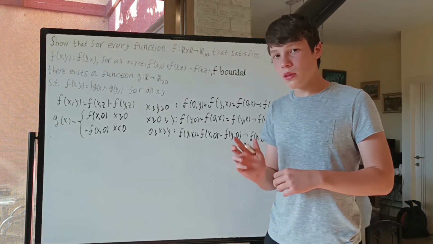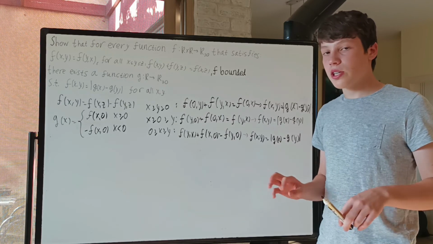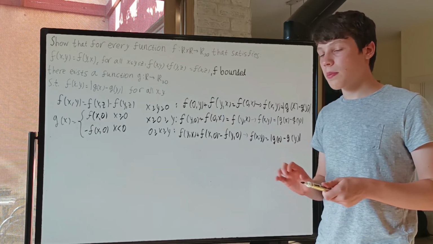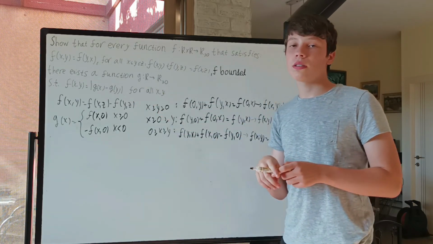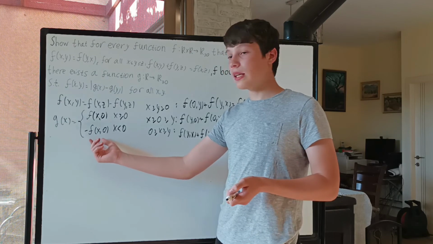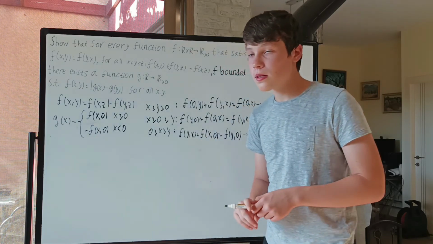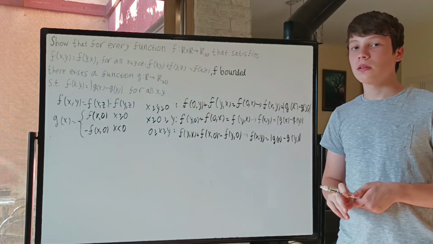But now there's one last thing that we didn't quite finish yet, one last thing that's stopping us here. We want g to be from R to R bigger than or equal to 0. But here, like I said earlier, this is clearly negative. So how do we solve this? Well, we still haven't used that f is bounded.